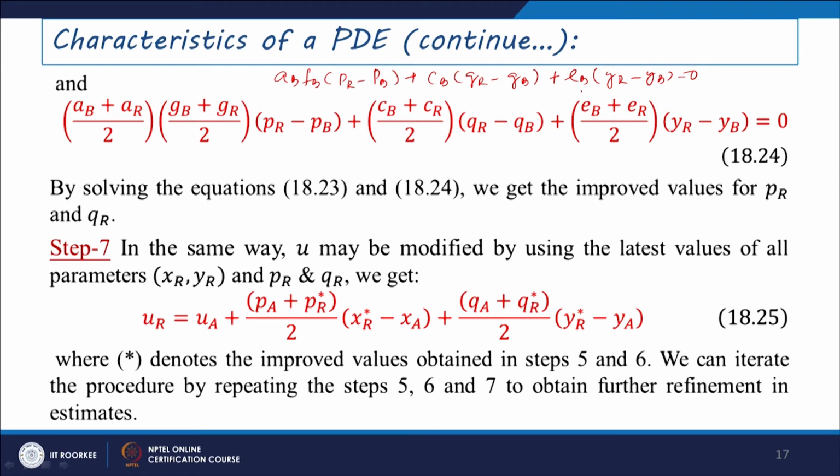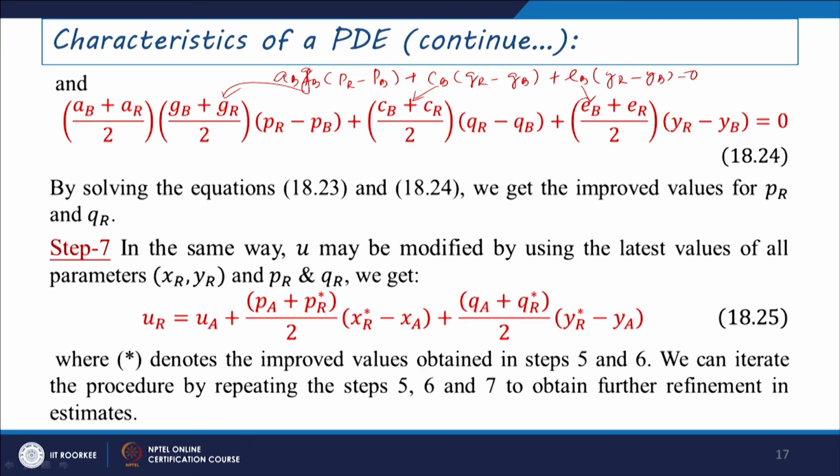So, EB is replaced by EB plus ER by 2, CB is replaced by CB plus CR by 2, and here we have GB, so GB is replaced by GB plus GR by 2. If you solve these equations, we can get the improved values of PR and QR.